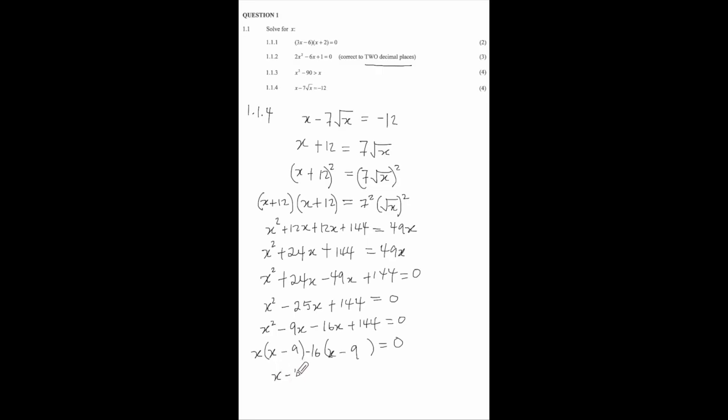Then x minus 16, I bring together with what is outside the brackets, and then x minus 9 is equal to 0. So solving this, it's x minus 16 equal to 0, or x minus 9 equal to 0. That gives me x equal to 16 or x equal to 9. So that would be the solution of this question.